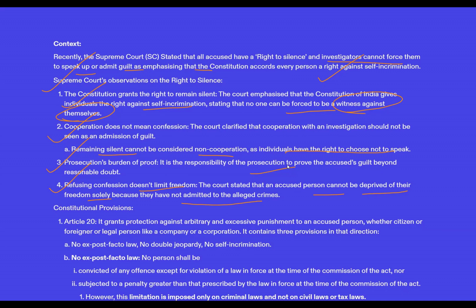They cannot be tortured, they cannot be exploited, they cannot be punished for just this reason. This was all the observations of the court that I told you, which recently happened in one of the cases.